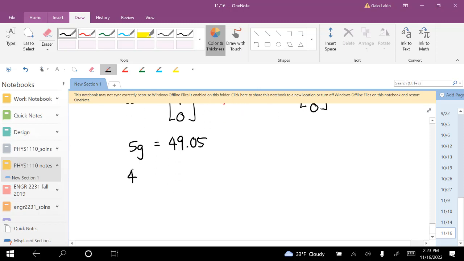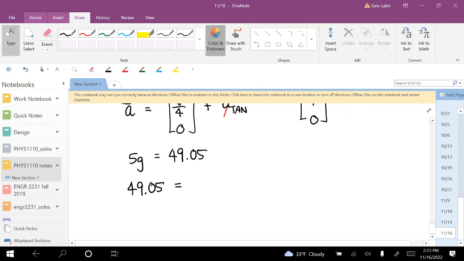And we want to set 49.05 equal to the magnitude of our acceleration, which is v squared over 4.